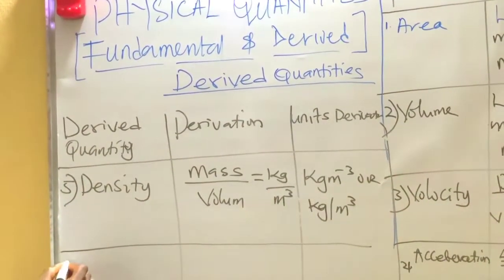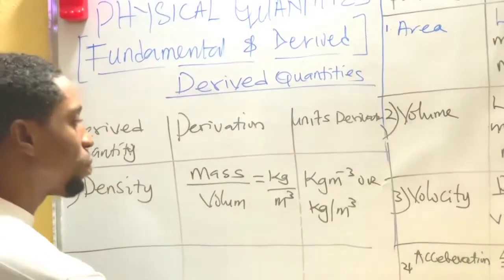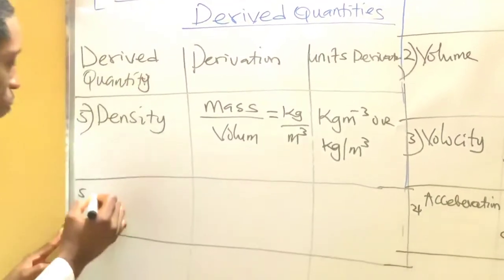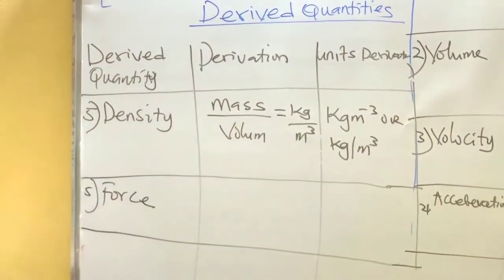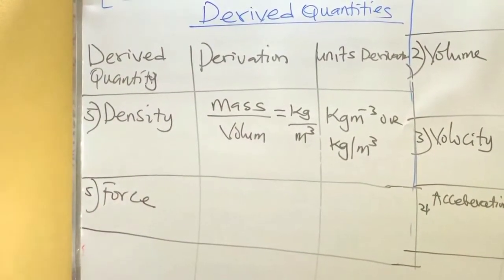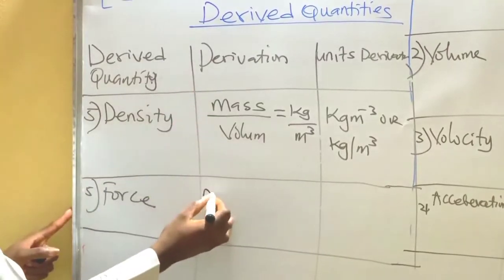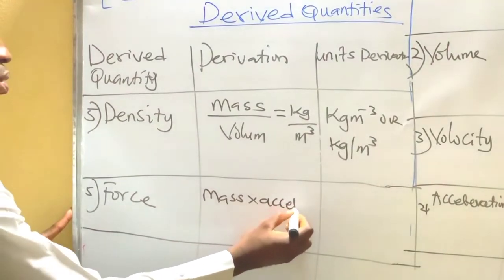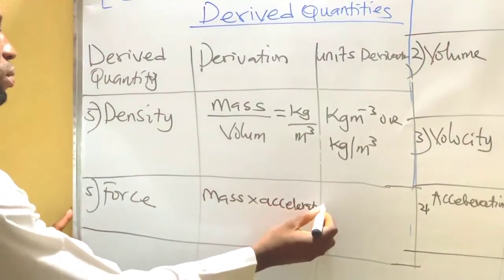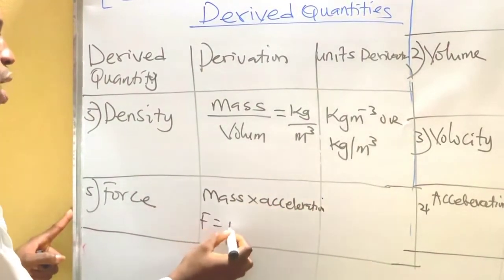Then we have number 5, force. Force is mass times acceleration. So force is ma.